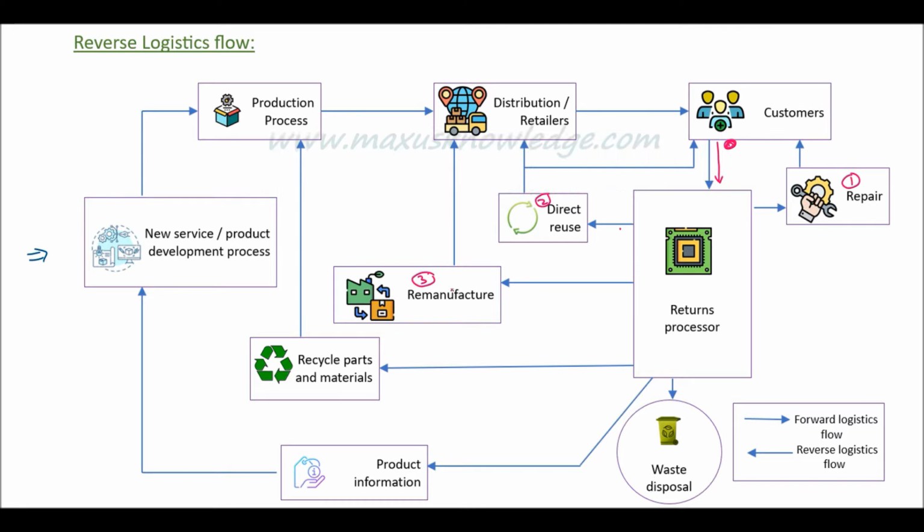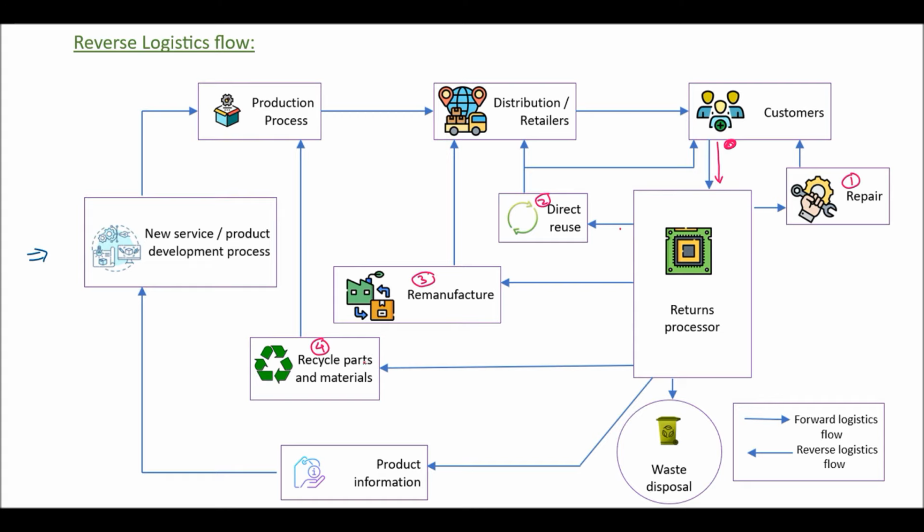The product could be remanufactured by tearing it down, then rebuilding it with new parts as needed, and returning it to the distribution channel as needed. So you can take the product, remanufacture it, and then send it back to the retailer or the distributor, and from there it can again be sent to the customer. Fourth is recycling.